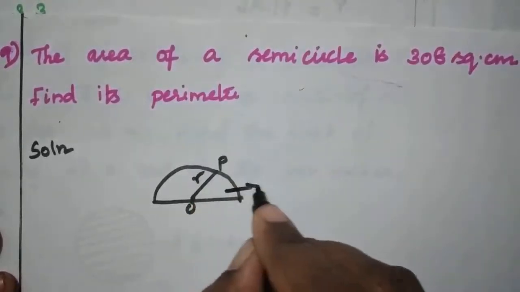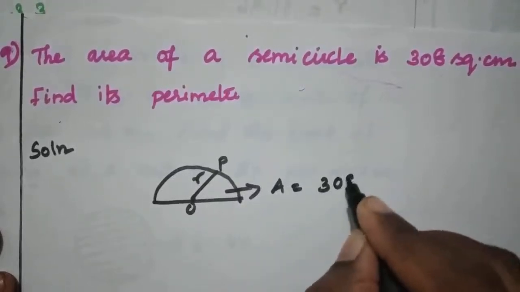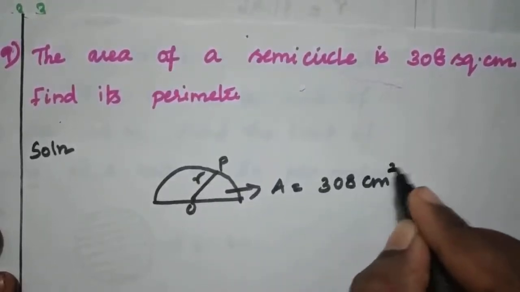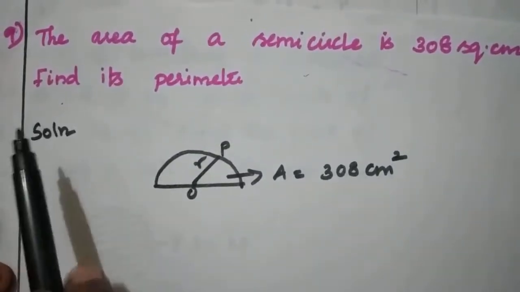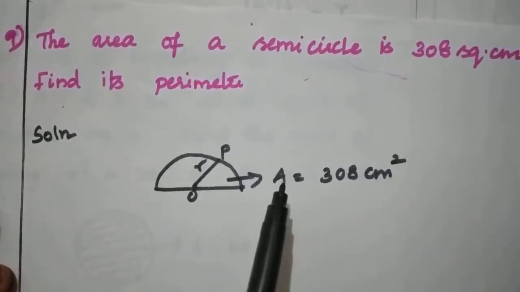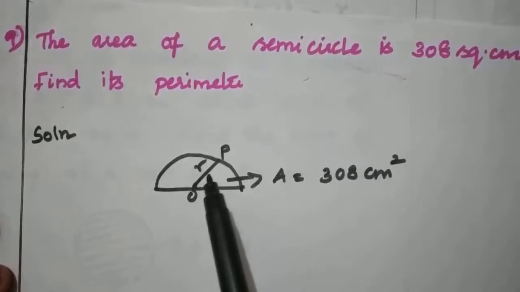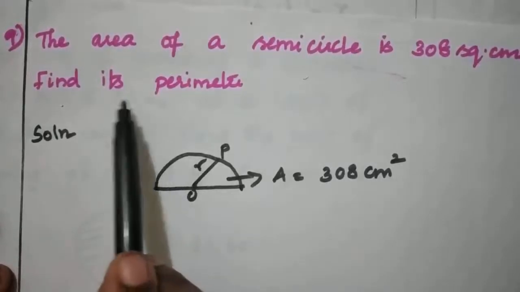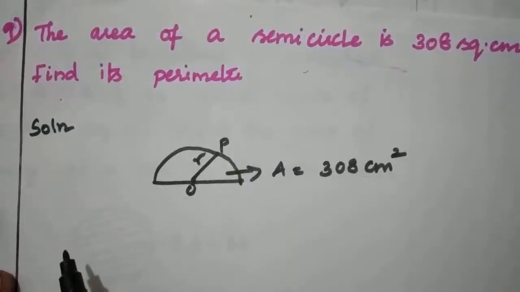This area is given as 308 centimeter square. What's the first step? Through this area we can find the value of r. With the help of this r, we can find the perimeter of this semicircle. Shall we start to do?